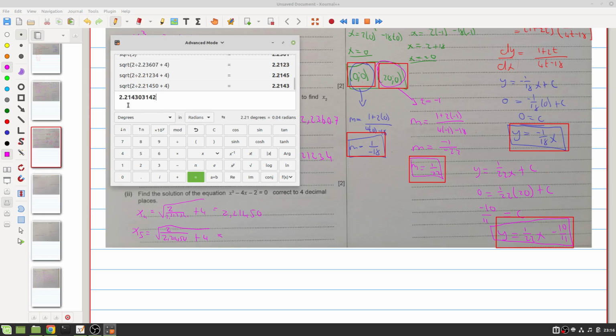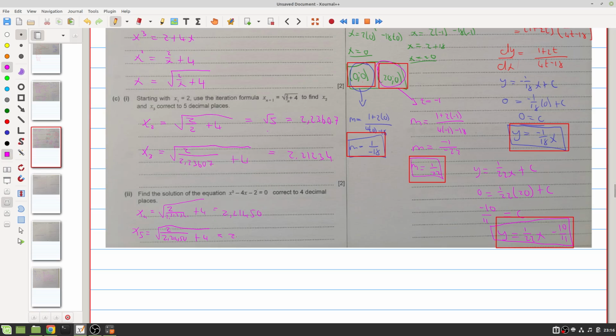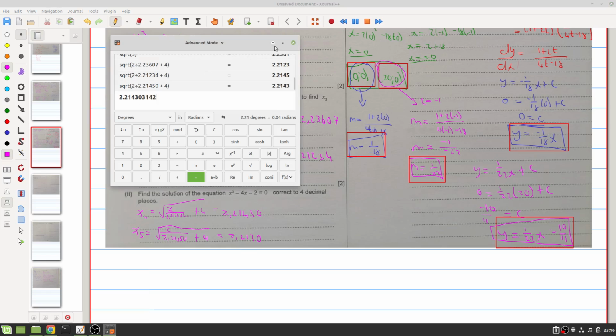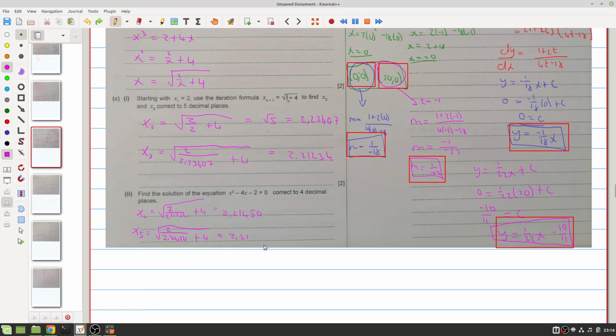That gives us 2.21430. The first 3 decimal places are already the same, but we need the first 4 to be the same. So we keep going.